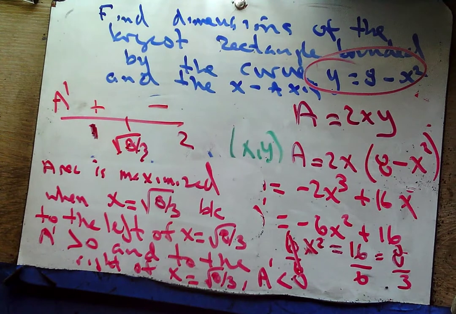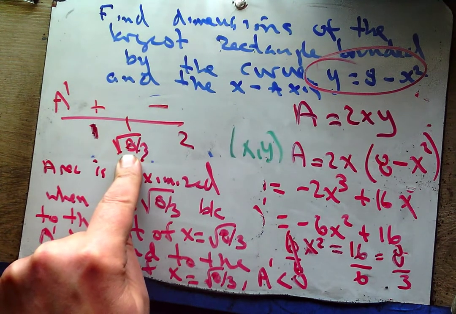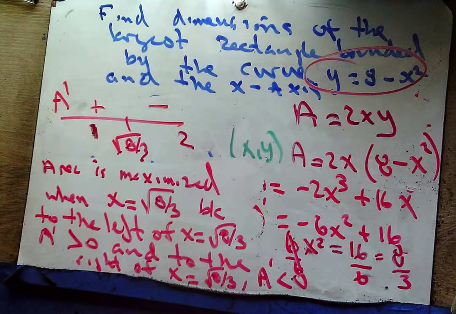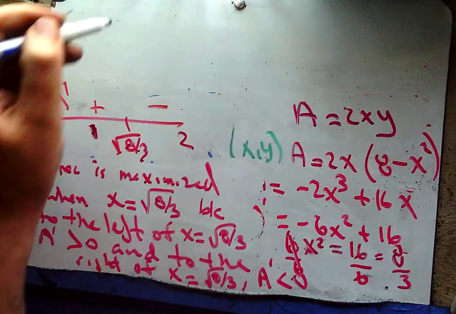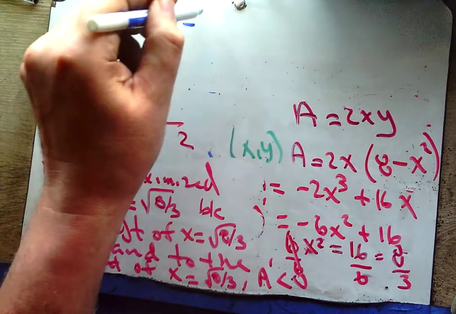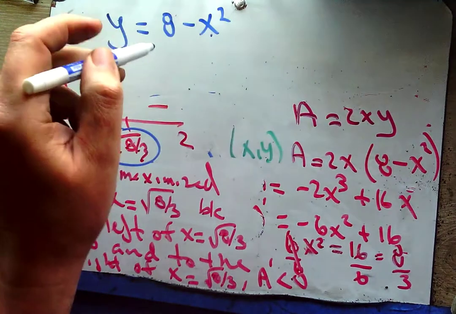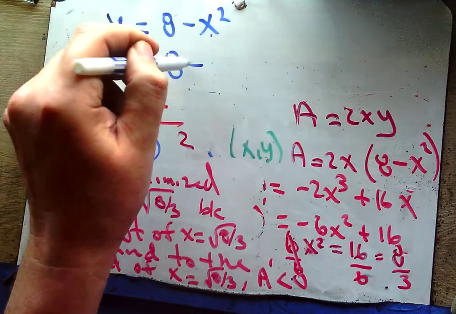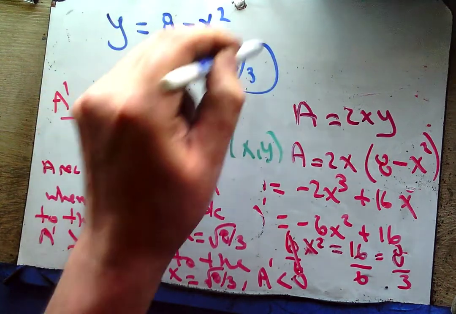Okay? We are asked to find the dimensions. So this is my x value. Well, what about my y value? Well, remember that y was equal to 8 minus x squared. So if I take this and plug it in for x, I'm going to have 8 minus the square root of 8 thirds squared.